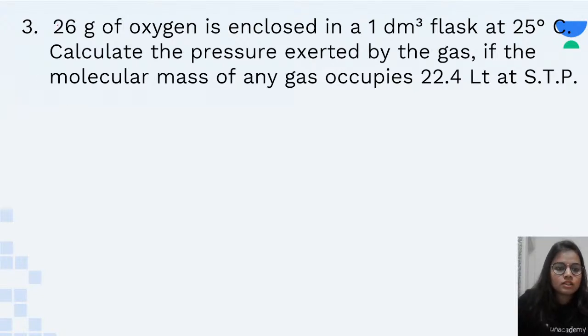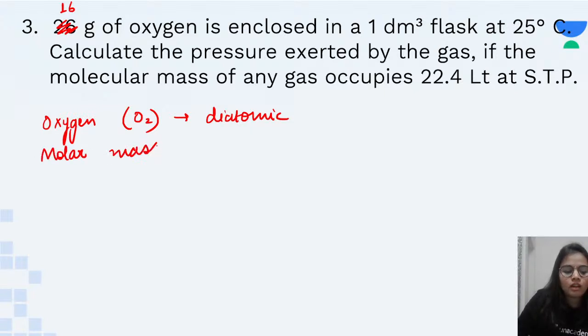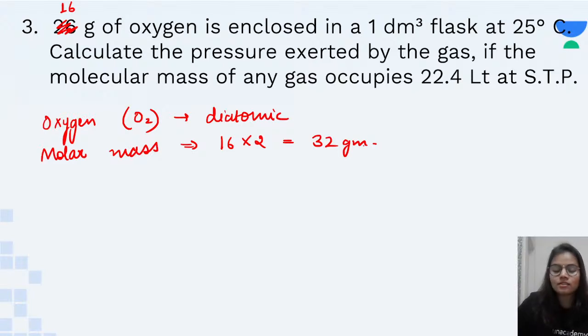First of all, it's 16 gram. If I talk about oxygen, we write it as O2, that means it is a diatomic gas. So what will be the molar mass, that is, molecular mass? It will be 16 into 2, that is 32 gram. I hope that is clear.